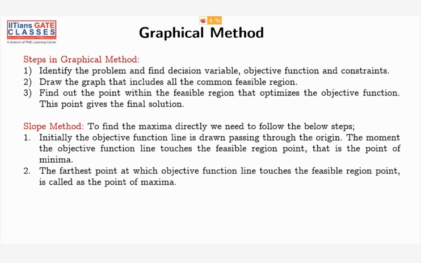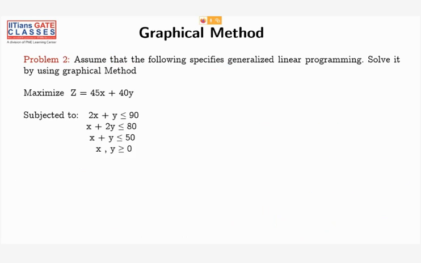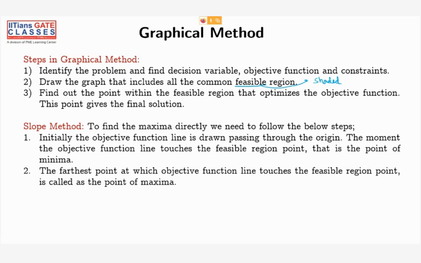After that, find the point within the feasible region that optimizes the objective function, and that point gives the final solution. Here, that point is your final solution, (2, 3). Okay, I'll discuss the other method a little later.